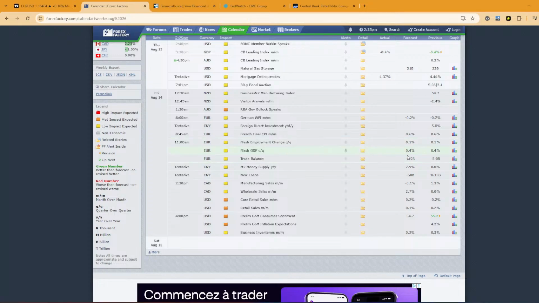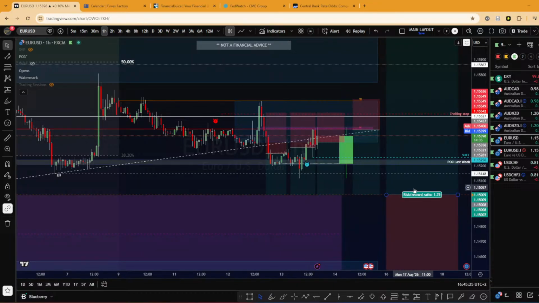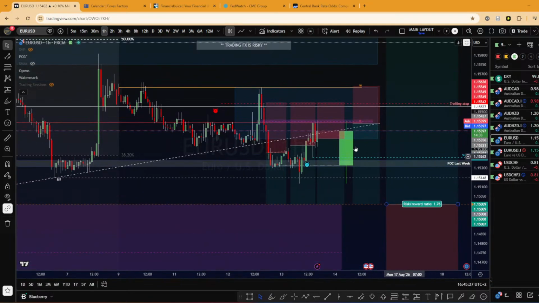We have trade balance, flash GDP. Okay, maybe this one could help to move the Euro USD. Let's see if we got some weakness here, some weak data compared to what we expect. Maybe there is a chance that tomorrow around London, yeah, the Euro USD decides to drop, if by the time we get there we don't break this high.